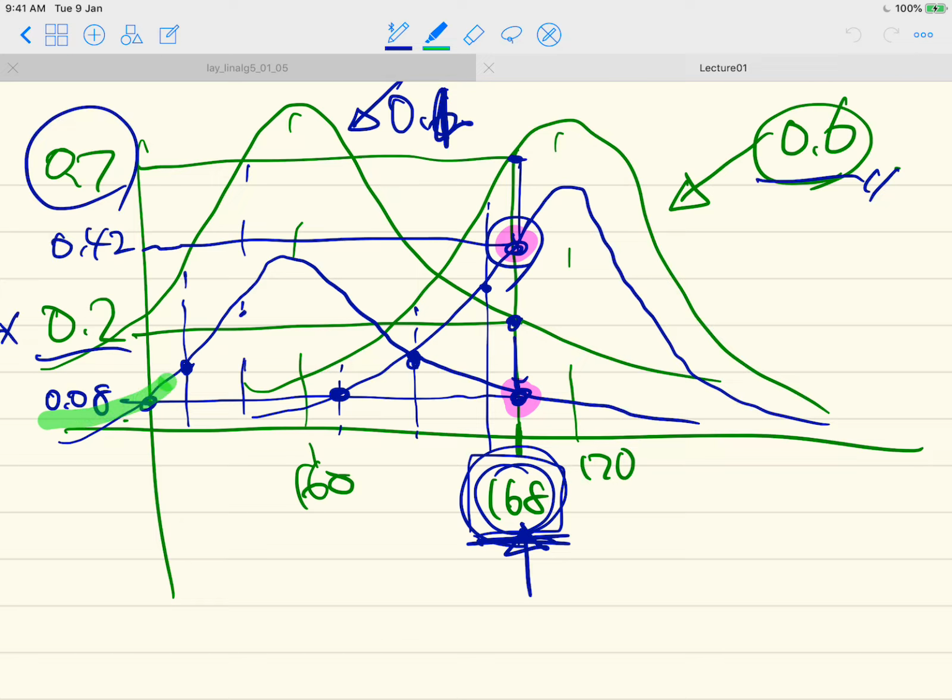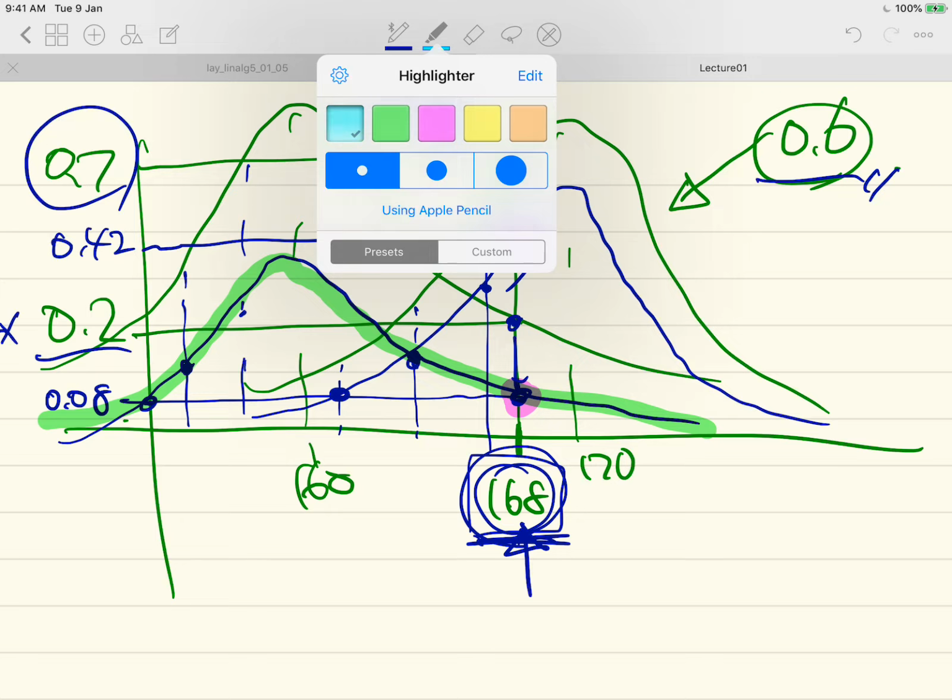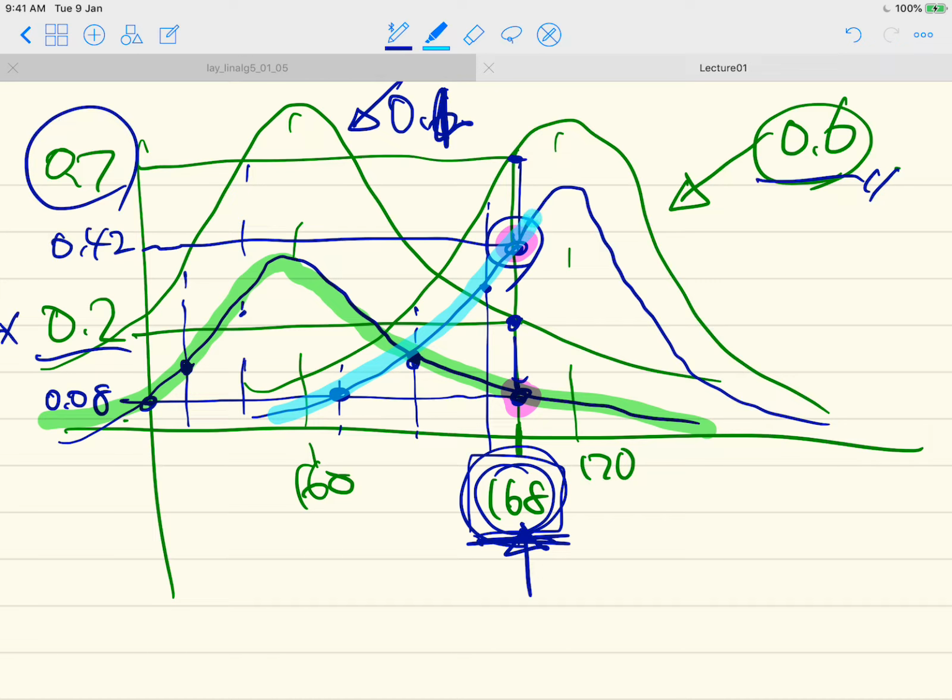So in this case, we understand that this guy is the joint distribution when y is fixed as a female, and this guy is our joint distribution when y is fixed as a male, right? So they are discounted versions by their prior value, so these are joint densities, right?